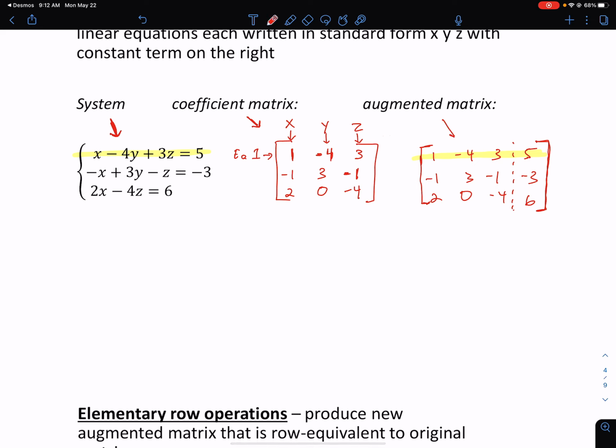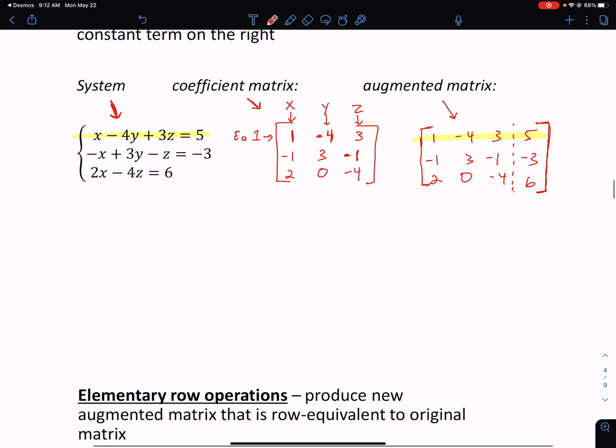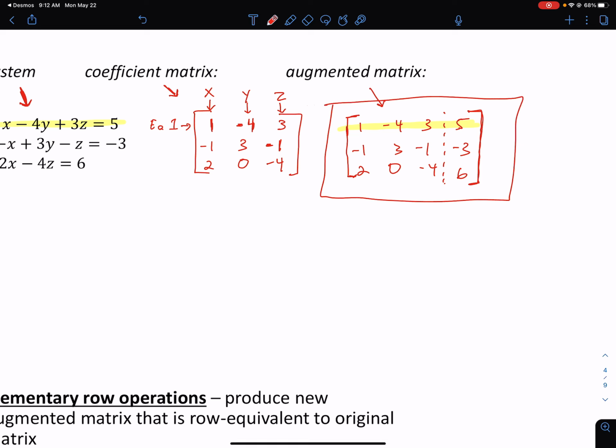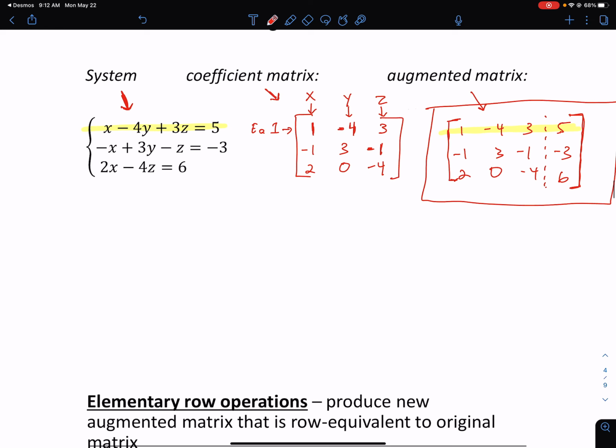You put in your coefficient matrix, and then you put what each equation is equal to. We're going to be able to work with this matrix and more quickly find out what x, y, and z are equal to. That's going to be helpful, so that when I solve it by hand from the system form, you'll see that the augmented matrix is much quicker, and we'll look at that.